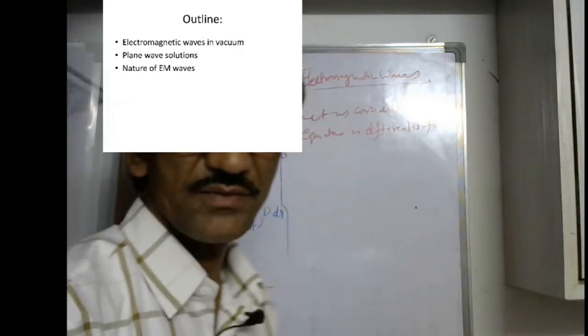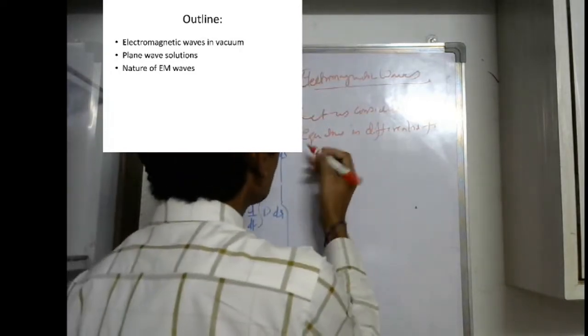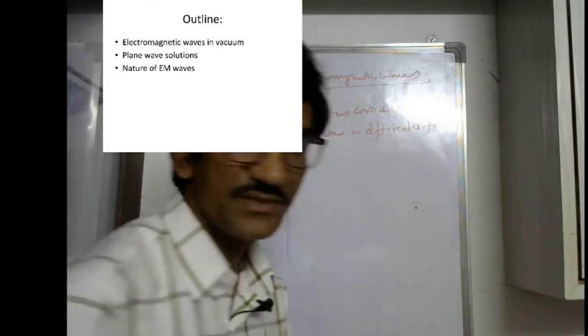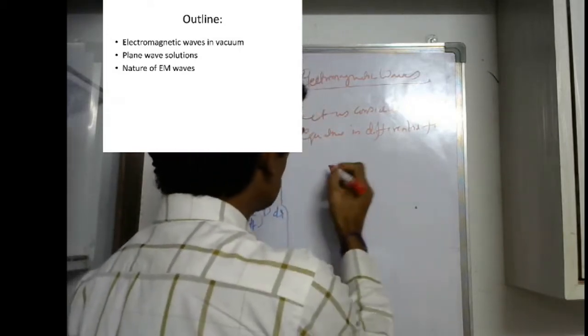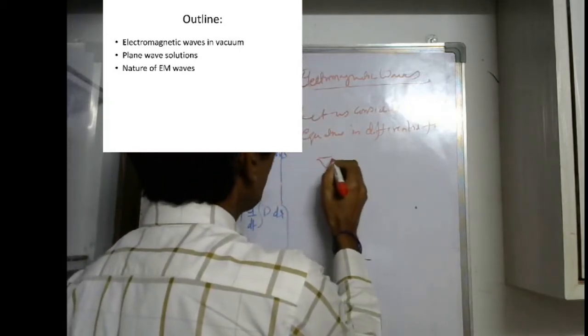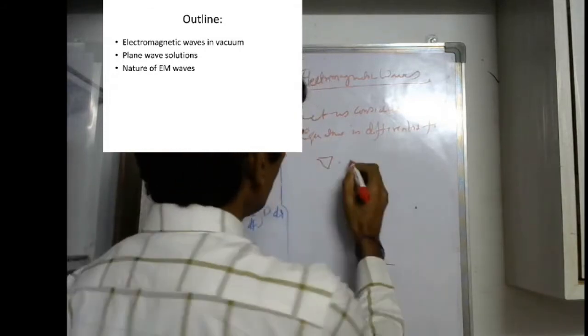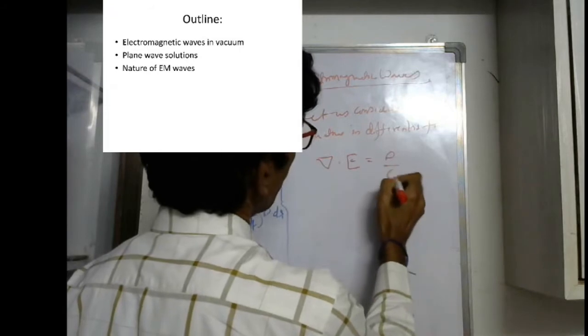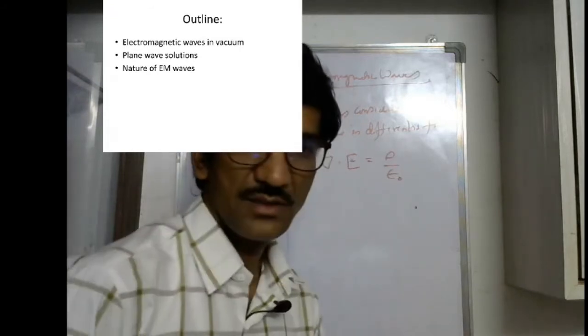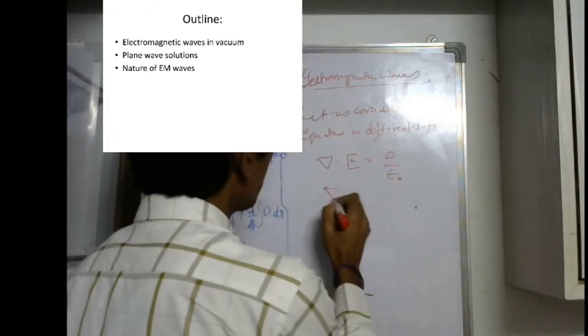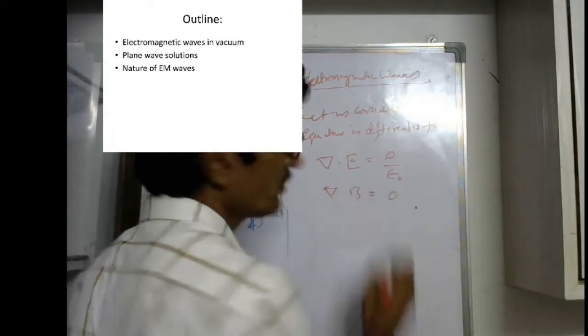What are those equations? Let us write one by one. In differential form, del dot E is equal to rho by epsilon naught. Next, del dot B is equal to 0.